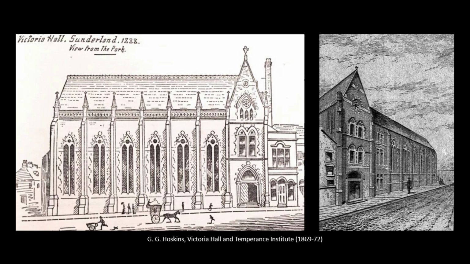These images show the building as originally constructed. It was built of brick with dressings of sandstone, and the north face was left blank to allow for expansion at a later date.